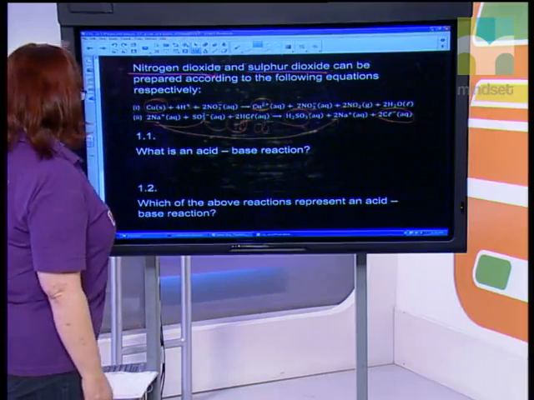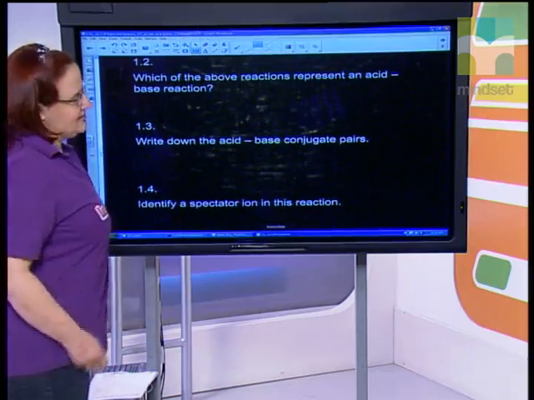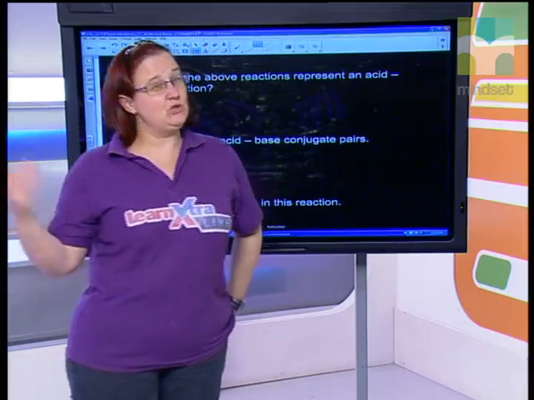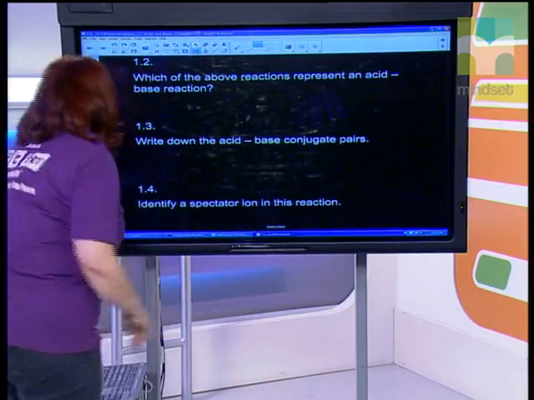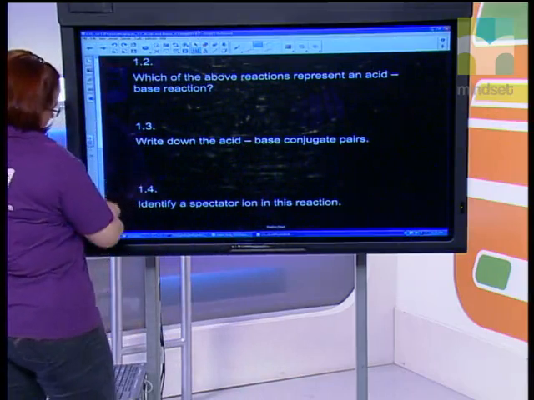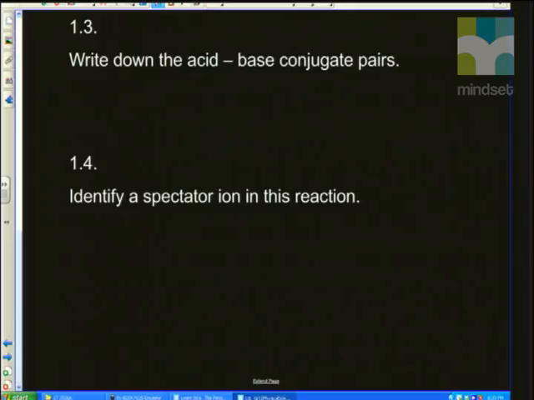Now, they say to you, write down the acid-base conjugate pairs. Obviously, you need to have identified the correct equation. Now, when they ask you this, and I so didn't leave myself enough space, so I'm going to do it over here. Please be careful how you write this.